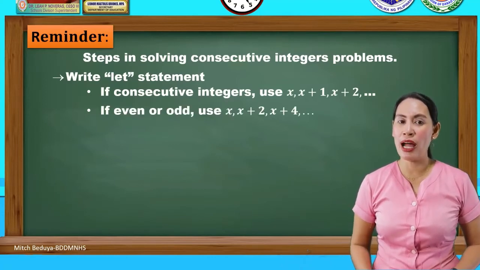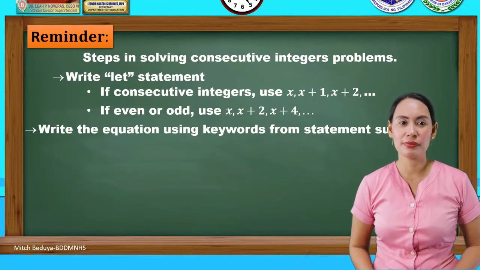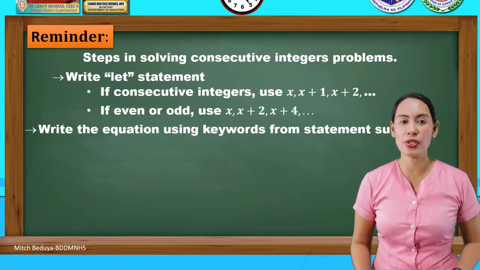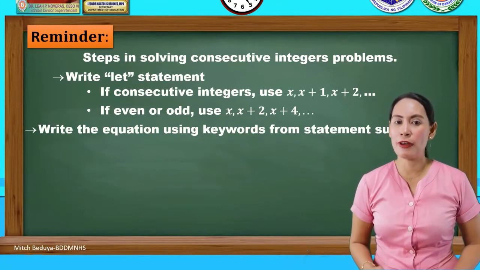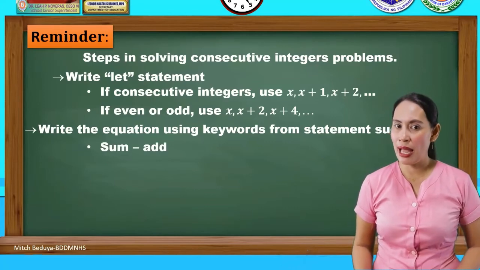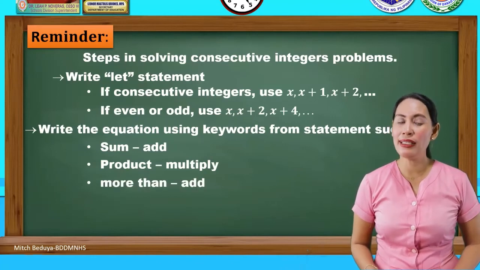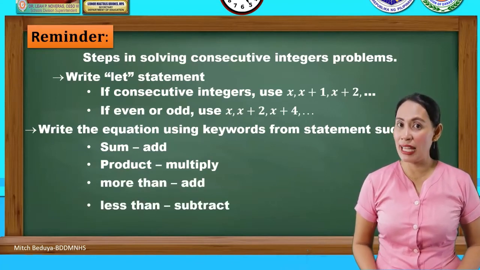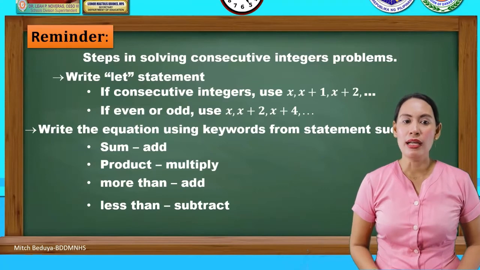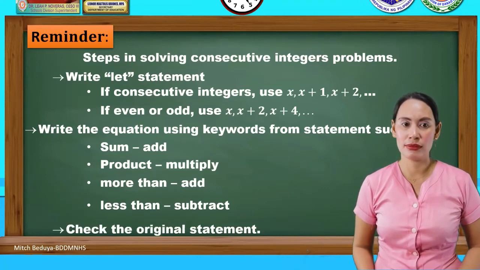If even or odd, use x, x plus 2, x plus 4, and so on. Then write the equation using keywords from the statements such as sum, add, product, multiply, more than, add, less than, subtract. Then check the original statement.